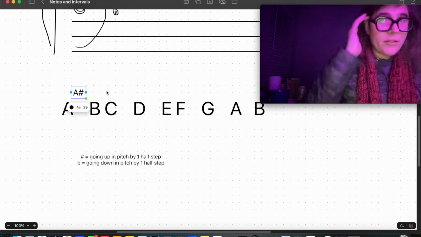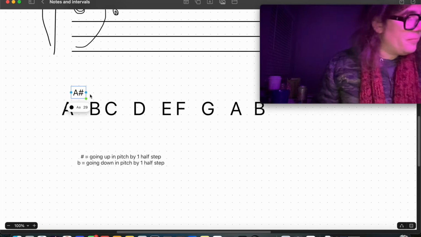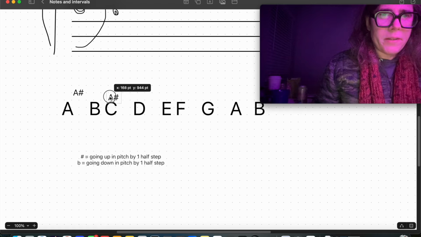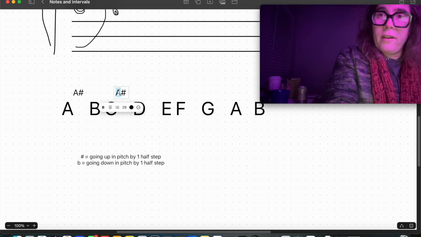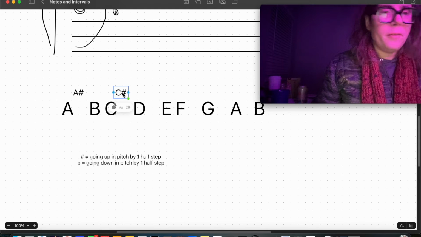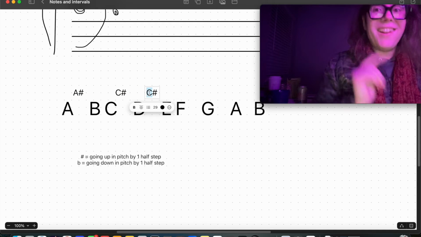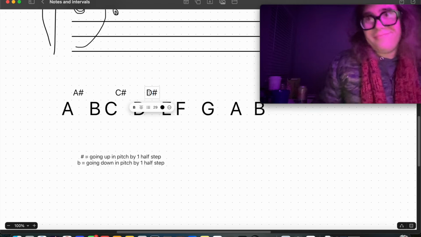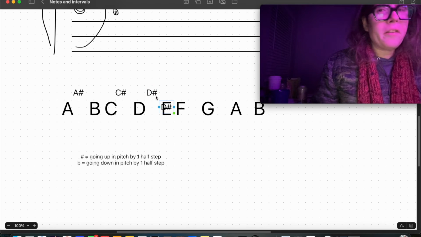Okay, so let's go on to C. I'm going to duplicate these to make them the same size. C what? You guessed it, C sharp. C sharp, no problem. Okay. D sharp. Do you notice I've been skipping some of these?